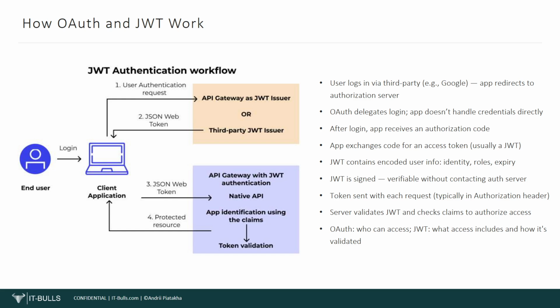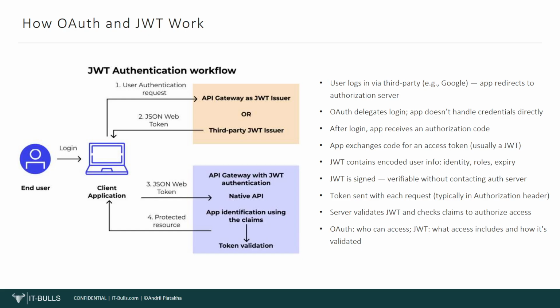Now, instead of a traditional session ID or cookie, the access token is often a JWT, a self-contained token that includes encoded information like the user's identity, roles, and token expiry time. Because JWTs are signed, they can be validated by any part of the system without needing to contact the authorization server again. This makes the system highly scalable.